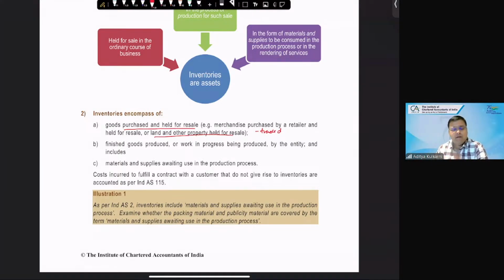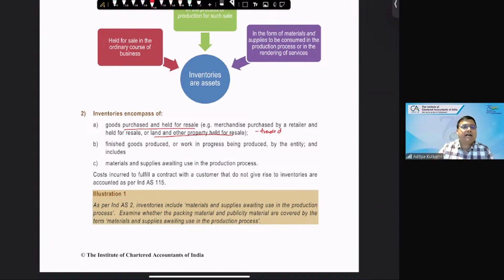For example, if I talk about FMCG, let us take an entity like Hindustan Unilever Limited, HUL. HUL's products include shampoos, soaps, toothpastes, detergents, everything. For these entities, you will not go to a shop and find that if you want a detergent, they give you the powder loose.